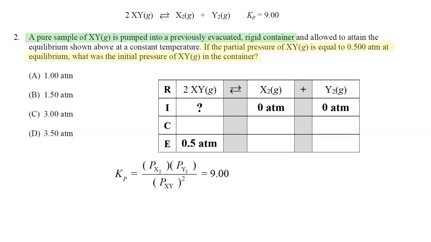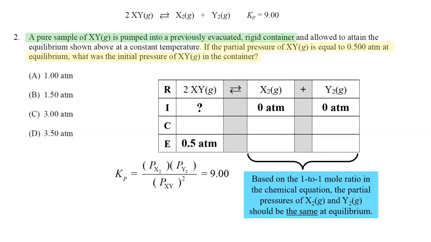Now, even though at the moment we don't know the partial pressure of X2 and Y2, we can see that the coefficients are 1 and 1. And so based on the 1-to-1 mole ratio in the chemical equation, the partial pressures of X2 and Y2 should be the same at equilibrium. In other words, for every 1 mole of X2 that is produced in this equation, 1 mole of Y2 is produced.